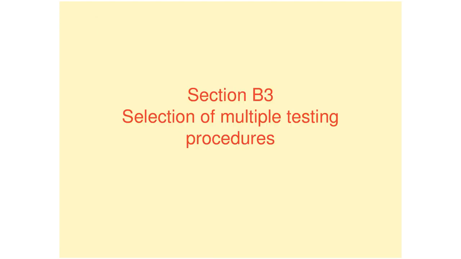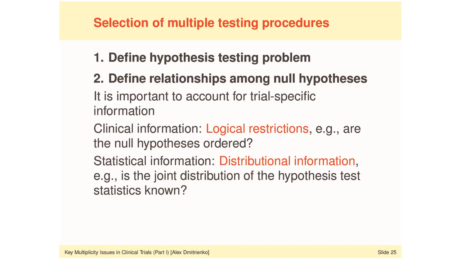The last section in this module is section B3, selection of multiple testing procedures. We have introduced so far the formal framework and defined inferential goals in clinical trials with multiple objectives. We have talked about key concepts behind at least one procedures.